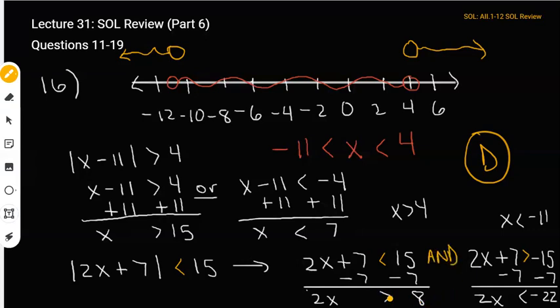So this sign is going to flip, at the bottom this sign is going to flip, and then these signs at the top are going to flip. So what that's going to look like is less than, greater than, less than, greater than. So now at least you're pointing in the right direction and you have the right numbers. So that's why it's going to be D.